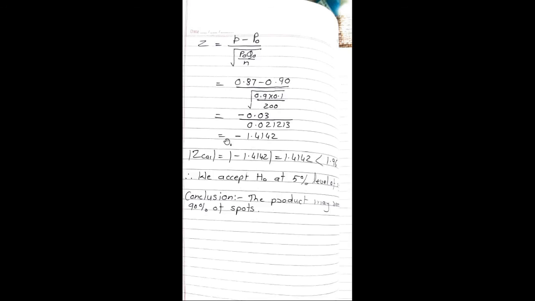So the answer is minus 1.4142. So mod Z calculated is equal to mod of minus 1.4142, which can be written as positive 1.4142, which is less than 1.96. Therefore, we accept H0 at 5% level of significance. Conclusion: the product may remove 90% of spots.